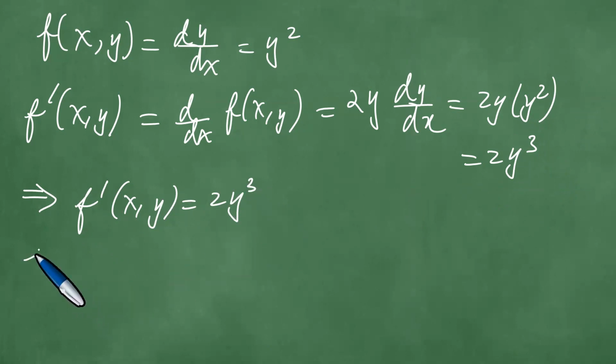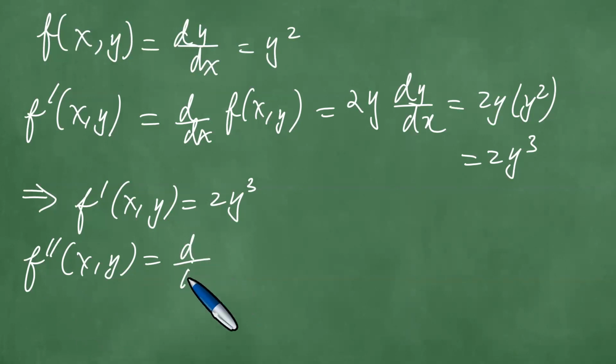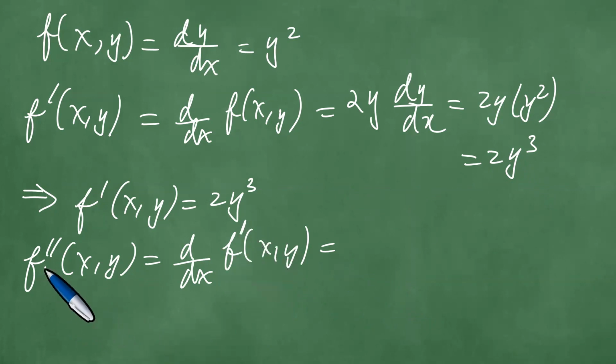Let us find the next derivative, f double prime of (x,y). Because it's the fourth order, we'll stop at the third derivative. So it's going to be d/dx of f prime of (x,y). Right, so with this said, what is the implication? We're differentiating the first one. Because this is the second derivative, we must find the derivative of the first one.